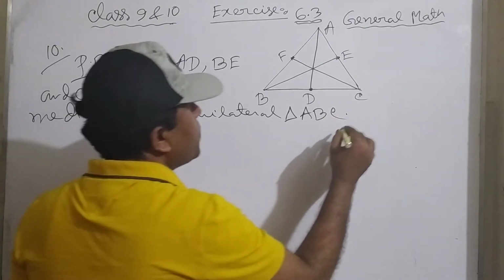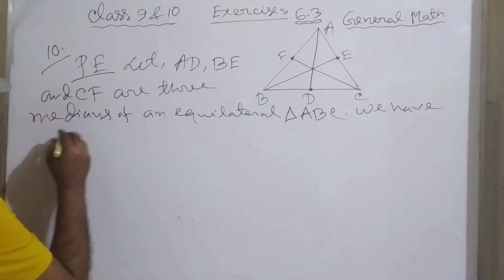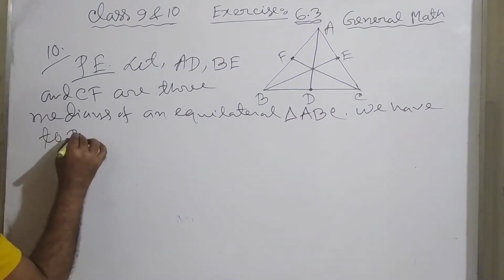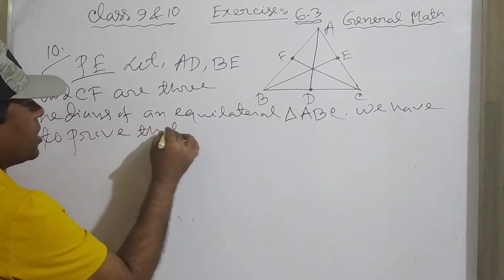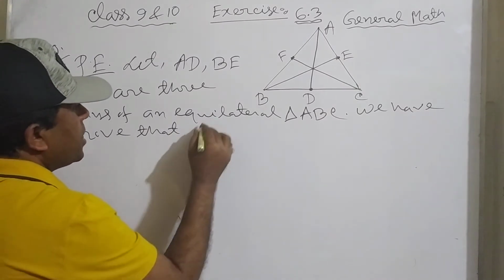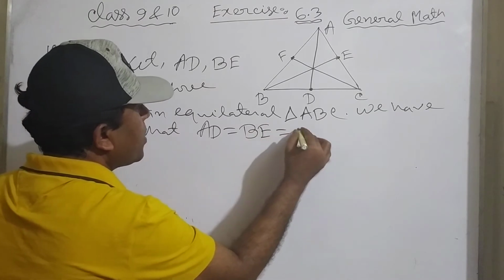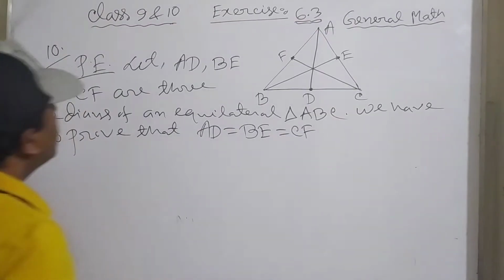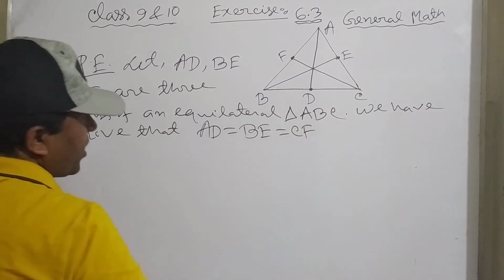We have to prove that AD equals BE equals CF. We have to prove that the three medians of an equilateral triangle are equal.